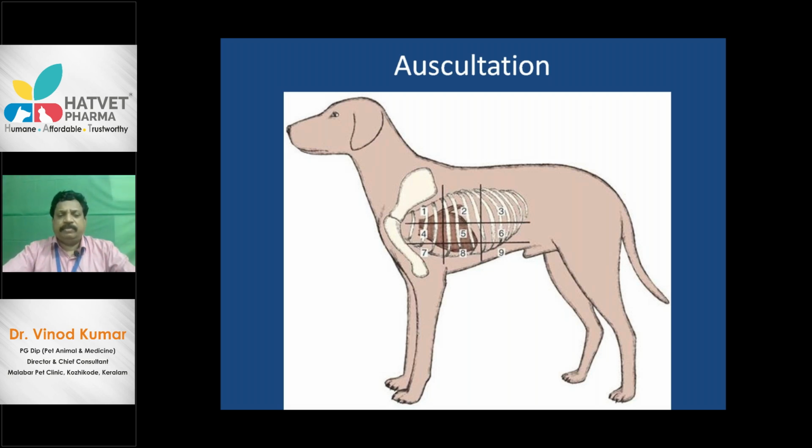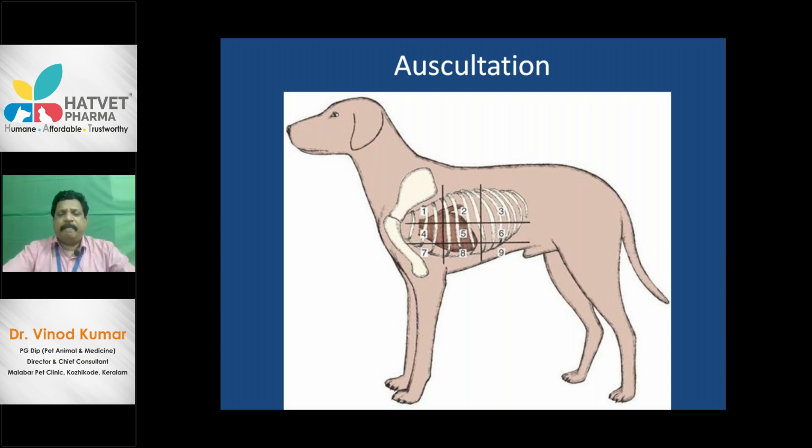So also, see in this picture, area number 1, that is the upper anterior compartment. This is the area for auscultation of the bronchus.